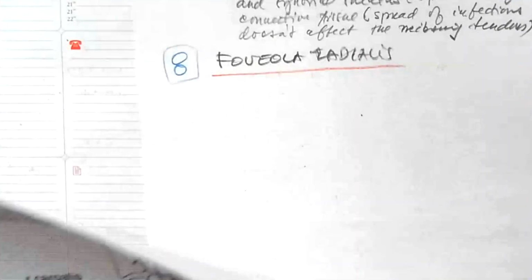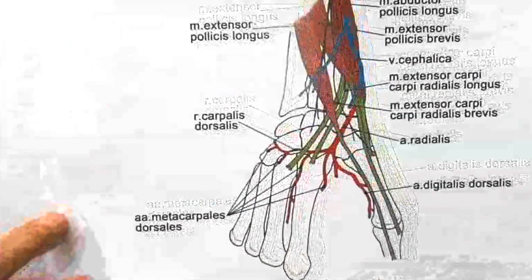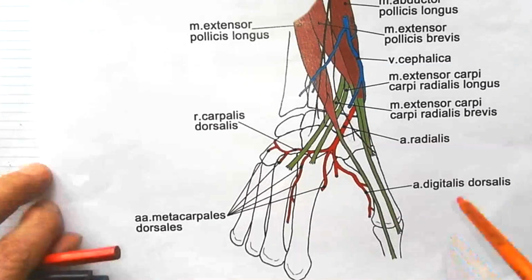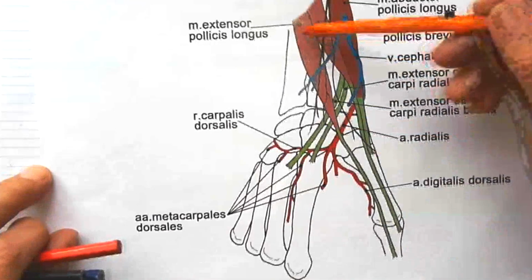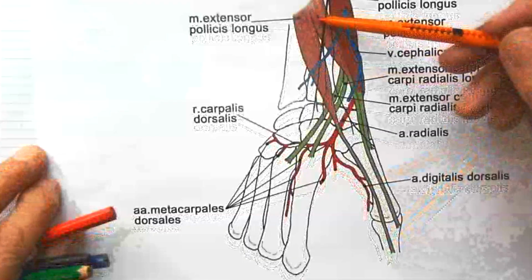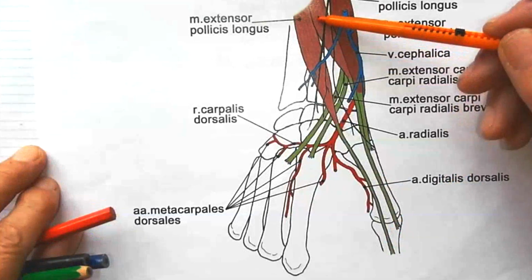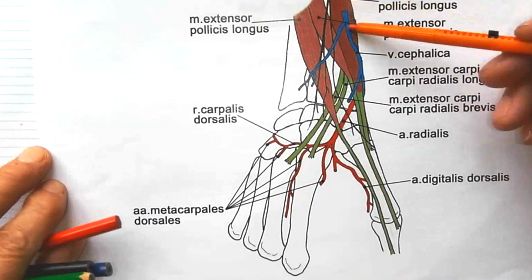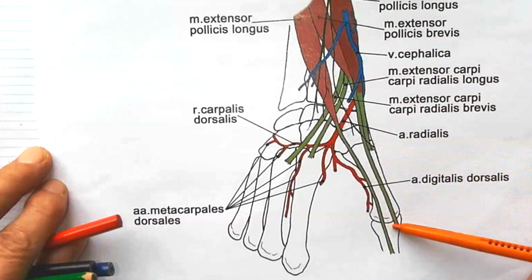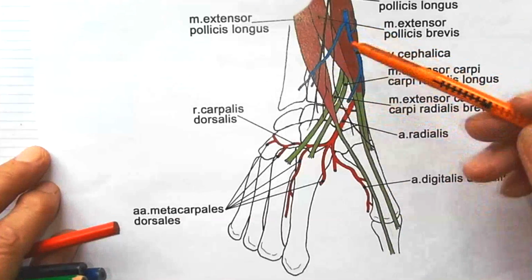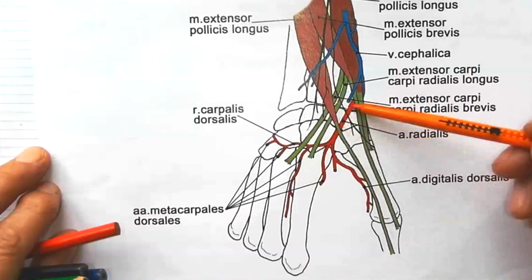Just looking at the drawing, I've drawn it based on the reconstruction of the skeleton of the hand. Very simply, the foveola radialis is bounded medially by the extensor pollicis longus, laterally by its brother, extensor pollicis brevis, and on the border lies the abductor pollicis longus.